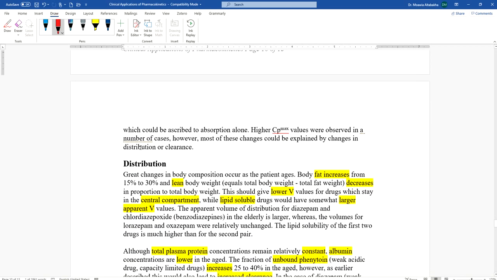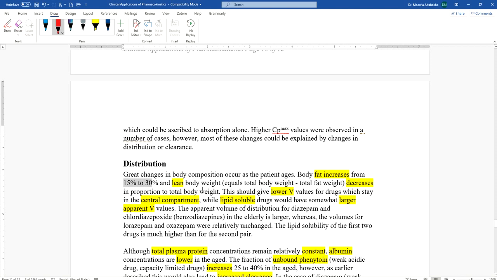Okay. For distribution, the body fat increases from 15 to 30%، بينما بنلاقي انه هناك طبعا the higher the fat بصير the lower is the lean body، لانه اللين body عبارة عن the total body weight ناقص الفات. And because of that بنلاقي انه for drugs that stay in the central compartment بنلاقي انه الapparent volume تاعهم بيكون lower.